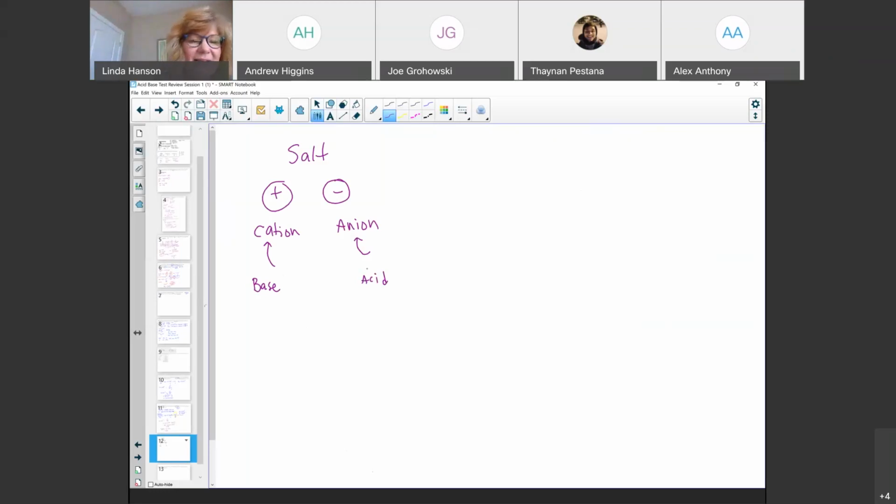Now, what I mean by that is, let's say I have ammonium chloride. Ammonium is the positive cation. It has a parent base. Chloride is the anion, so it has the parent acid.